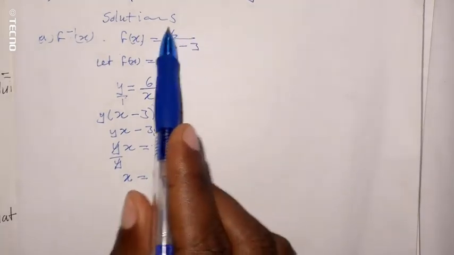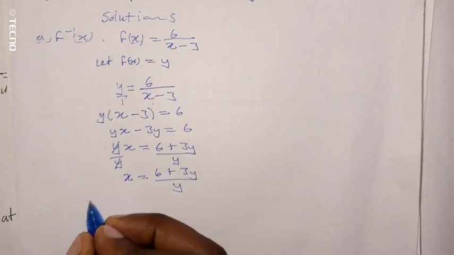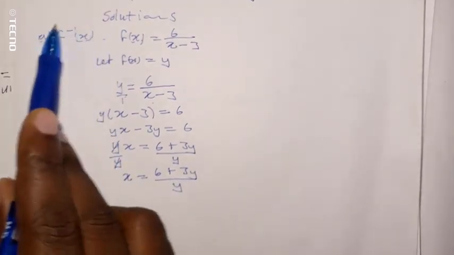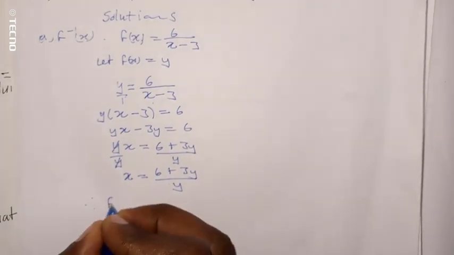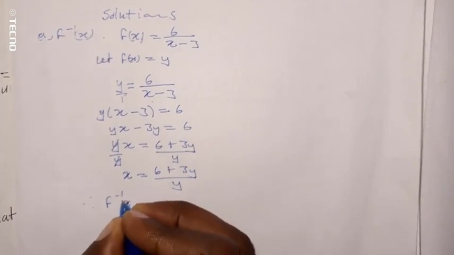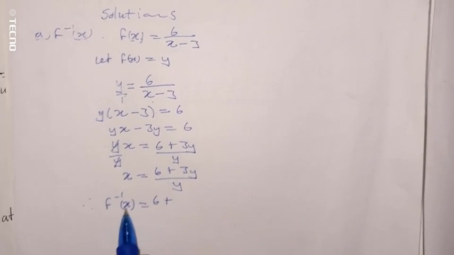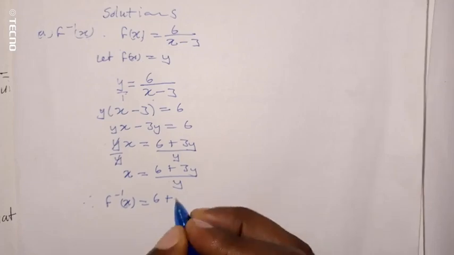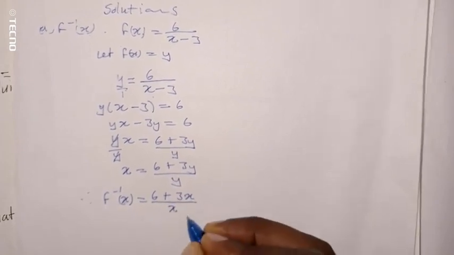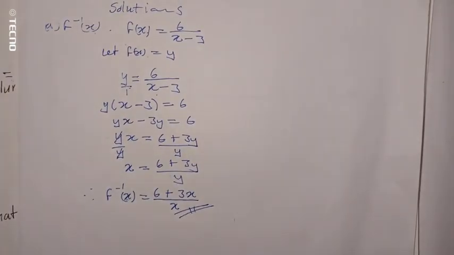So where there is x, we write what we have been given in this question, f inverse of x, is then equal to 6 plus, and where there is y, since we are dealing with x, we replace y with x, so 3x, then over x. So this is the inverse of f of x.